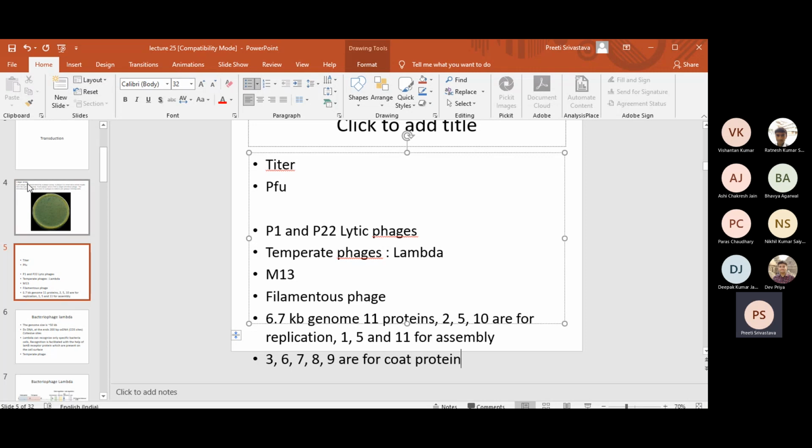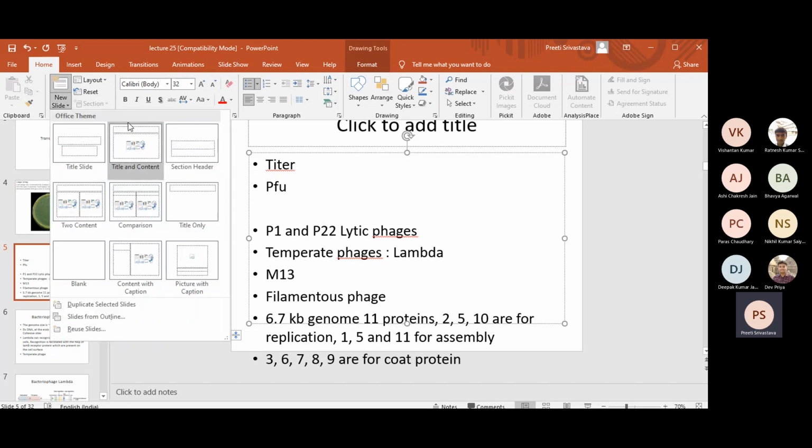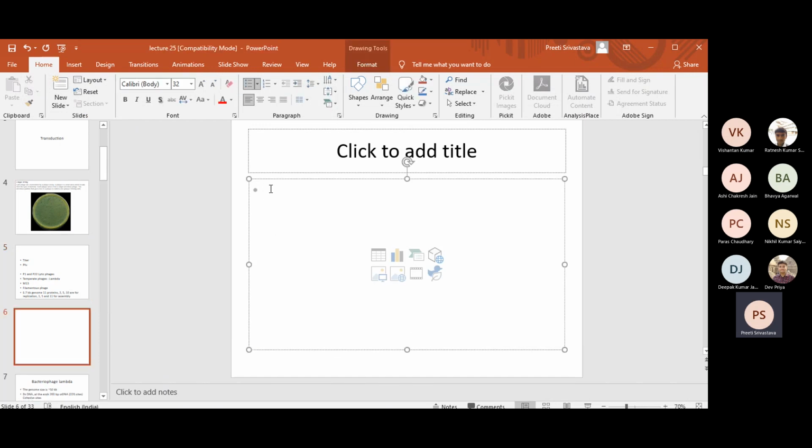The structure of this filamentous phage is elongated, so it is 6 nanometer in diameter and 11 nanometer in length, very thin and slim. The 6.7 kb genome replicates by rolling circle model. So you have single stranded DNA generated in the life cycle, and this single stranded DNA is used in Sanger sequencing.